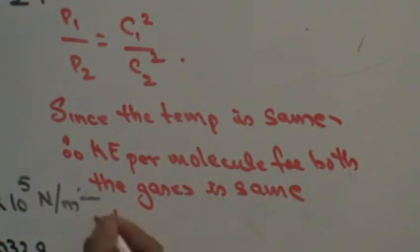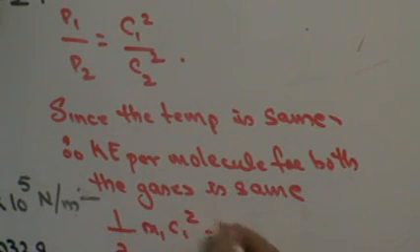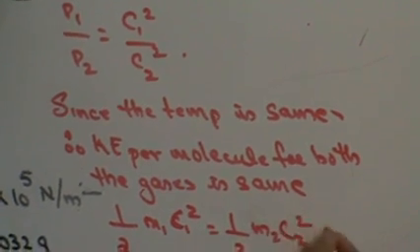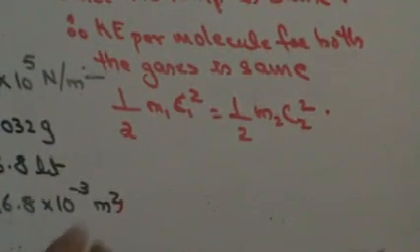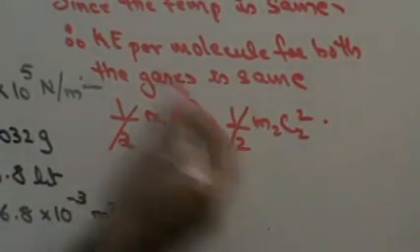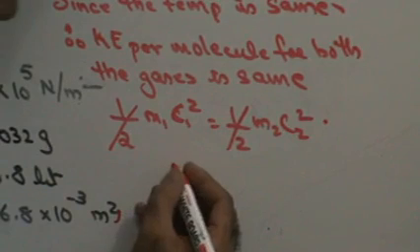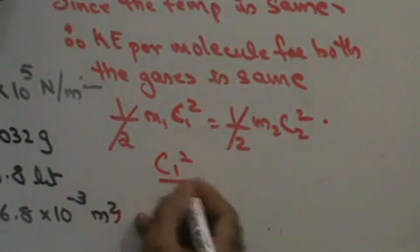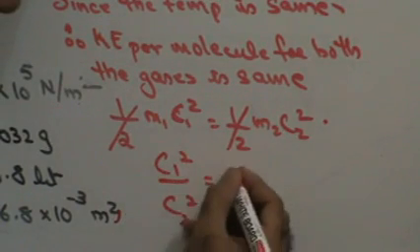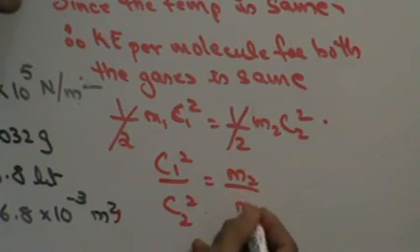That means half m1 c1 square is half m2 c2 square. Kinetic energy will be same. Half and half gets cancelled. So in which case I will get c1 square upon c2 square is m2 upon m1.